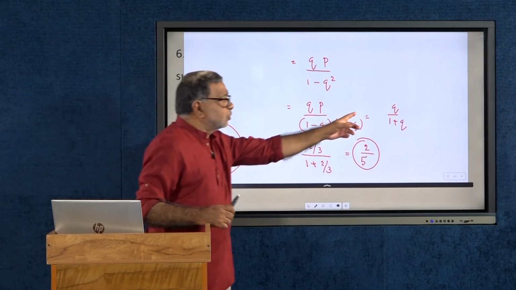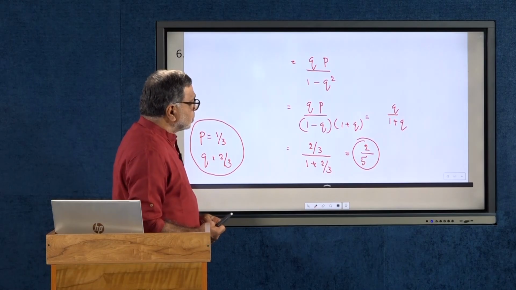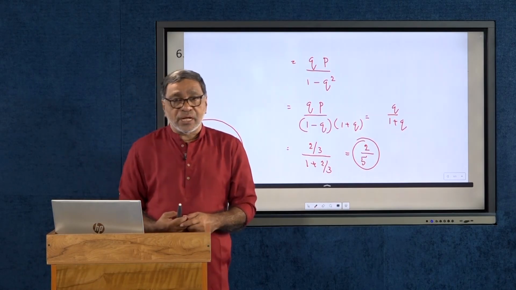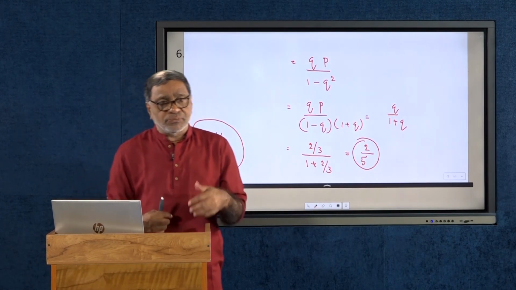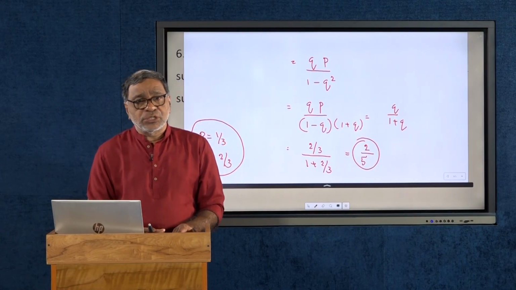Substituting, you will have 2 divided by 3 over 1 plus 2 divided by 3, that means 2 divided by 5 is the answer. So, these are the numerical examples related with the geometric distribution.